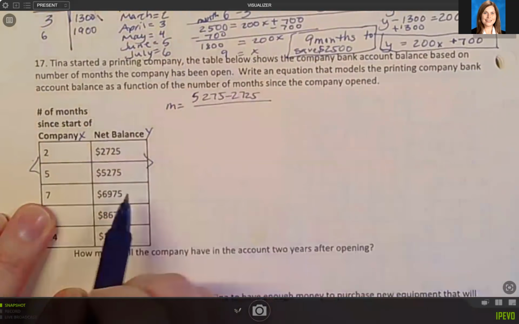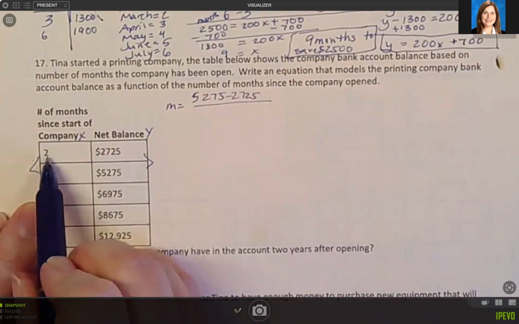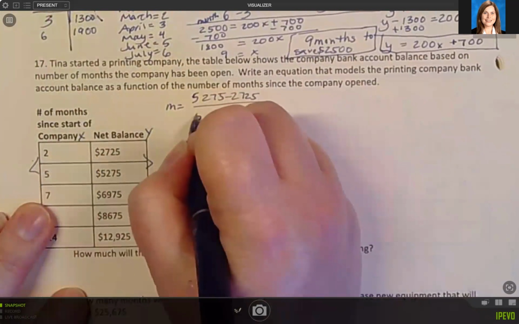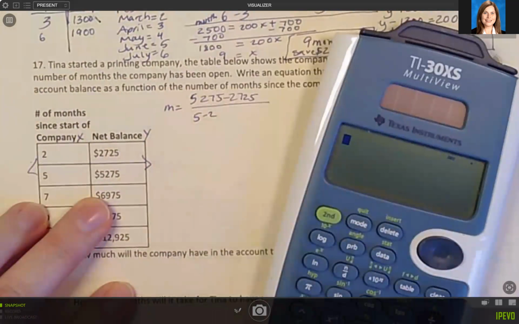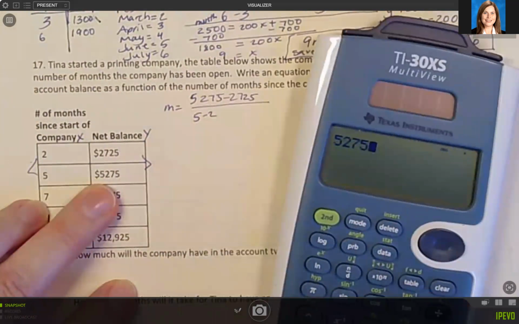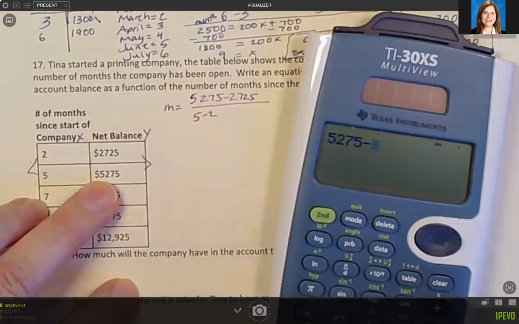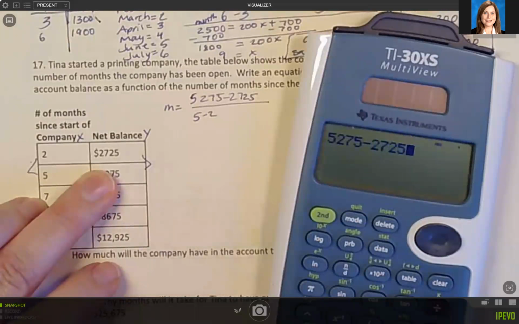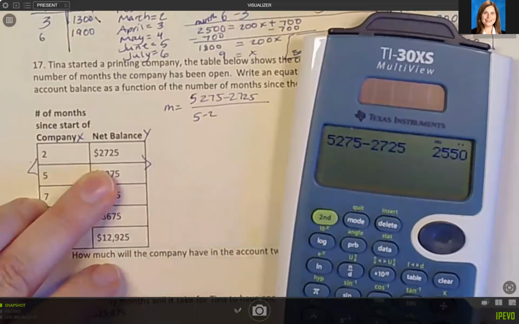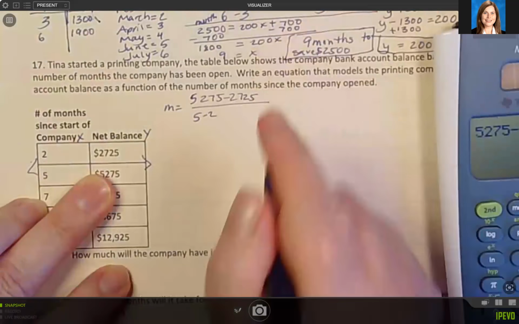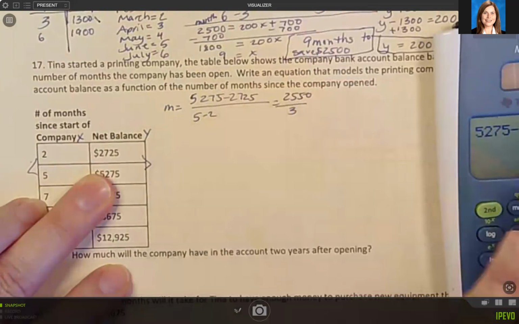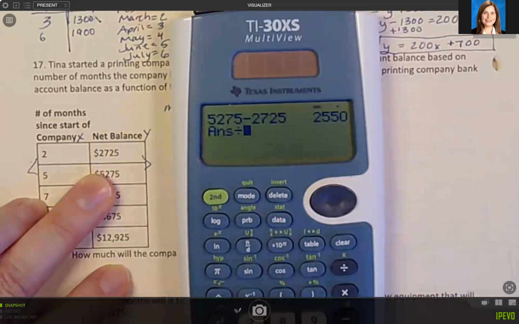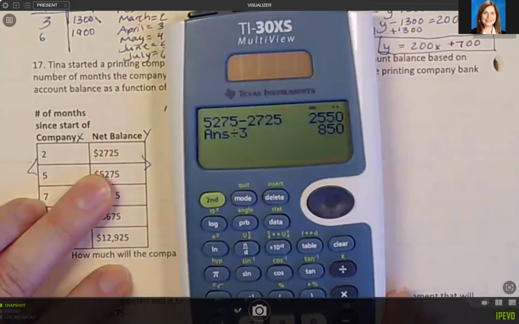Then in that same corresponding order with your x values, 5 minus 2. That's 2,550 over 3, which is 850.